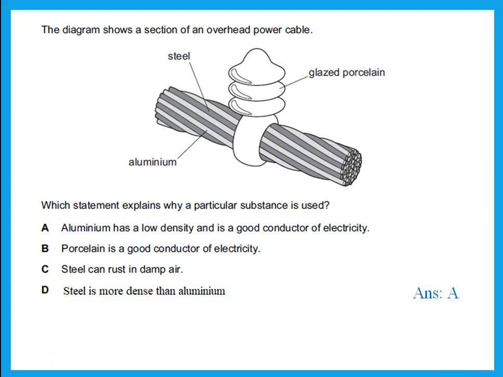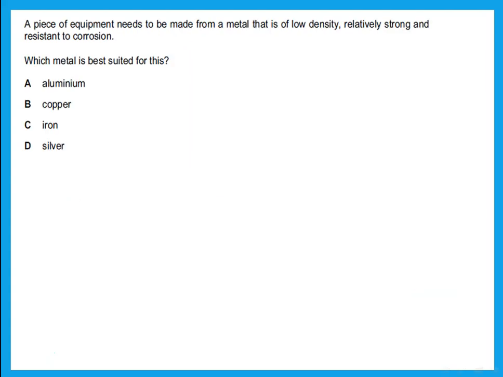So the correct statement would be the fact that aluminium has low density and is a good conductor of electricity, and that is why we use it in overhead power cables.